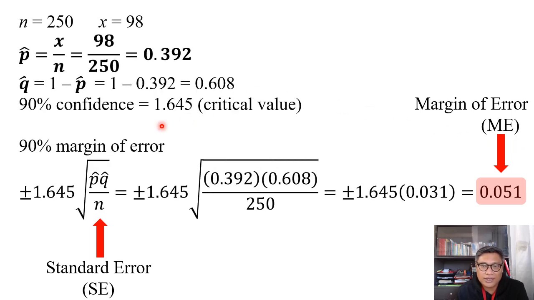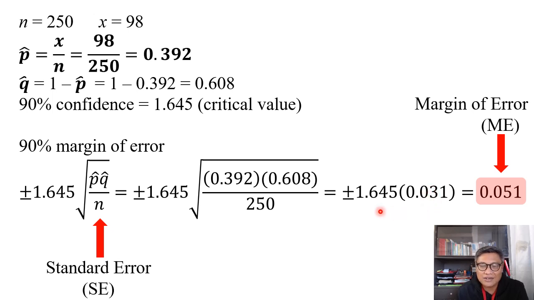So, substituting the values for the standard error here: P hat is 0.392, Q hat is 0.608, divided by the sample size of 250. Take the square root. The result, class, is your standard error of 0.031.